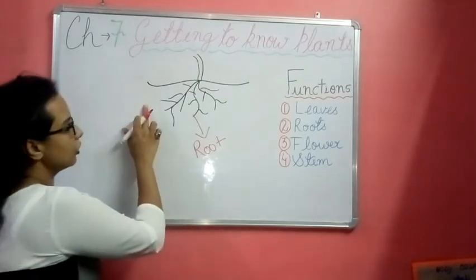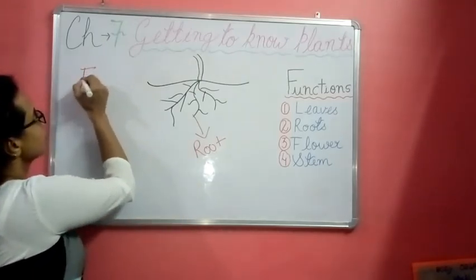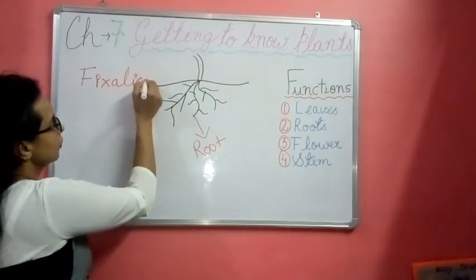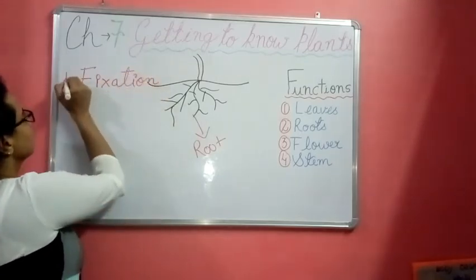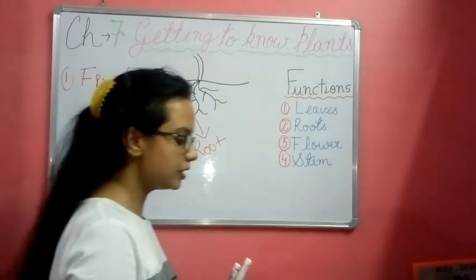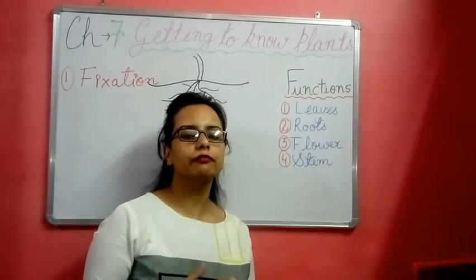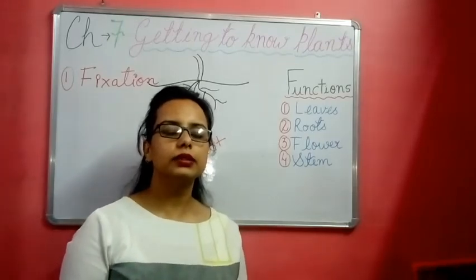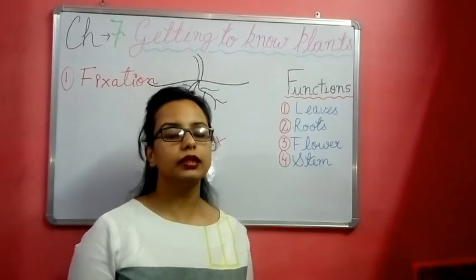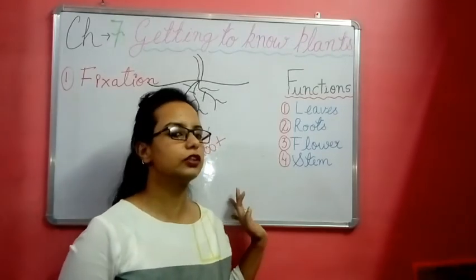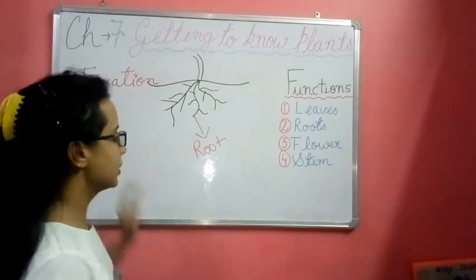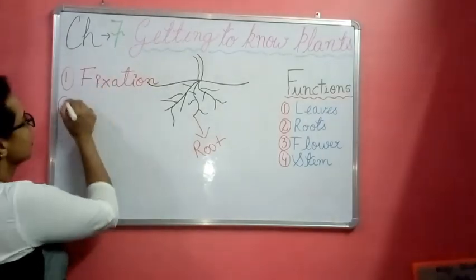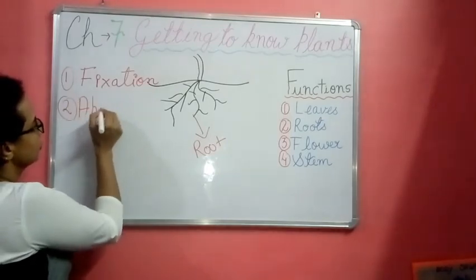Now what is the function of it? The first function of the root is fixation. Fixation means it helps the plant to get fixed into the soil. With the help of the root, the plant remains fixed in the soil. The second function of the root is absorption.